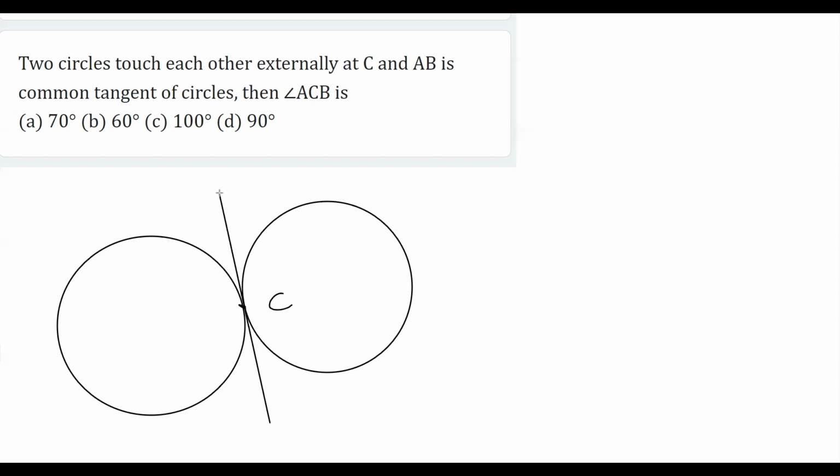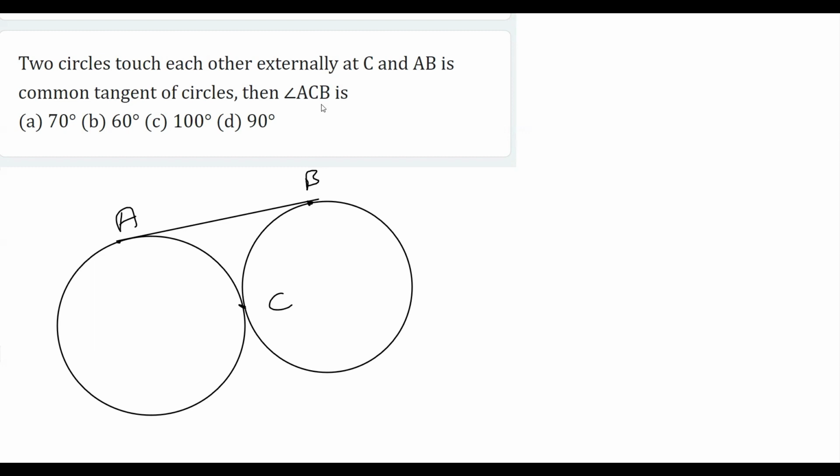A tangent can be drawn like this also, which is a common tangent, right? AB is a common tangent. But when you see the question, it's not saying that it is passing through C. So I can draw another tangent. Let's say I've drawn this tangent and I name it as AB. A is the point of contact of this circle and B is the point of contact for this other circle.